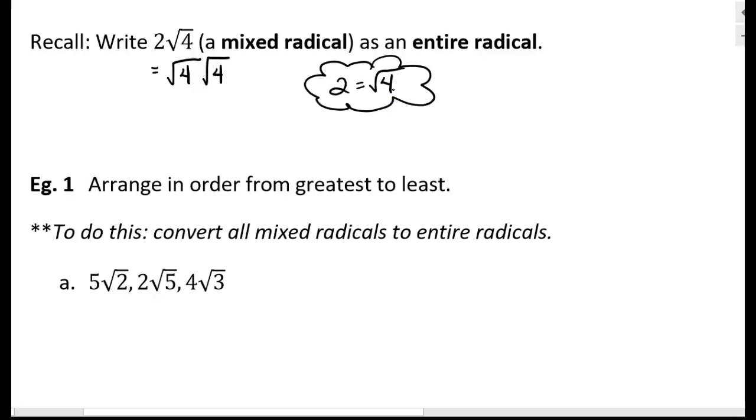And so those two pieces can be simplified or reverse constructed. If that's the case, then we can also write this as the square root of 16. This piece here is your mixed radical, and this piece here is your entire radical. In this particular case, because we're dealing with 16, it is a perfect square, so this could be simplified to be just 4.